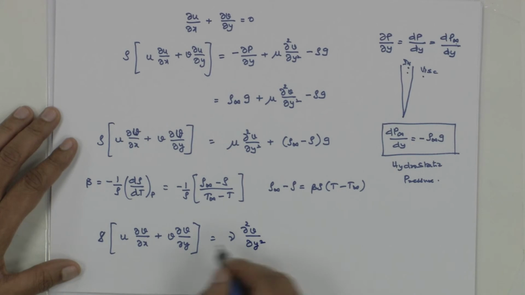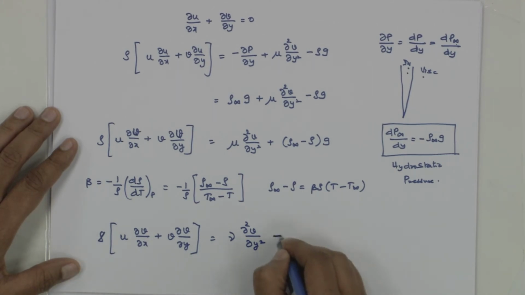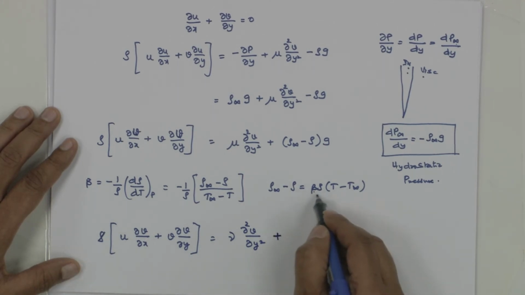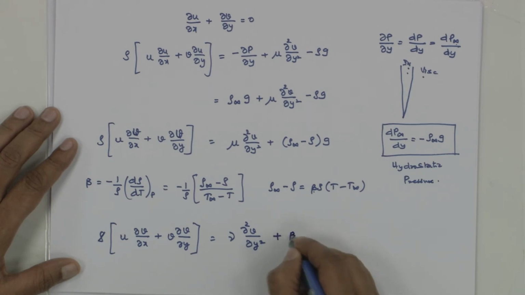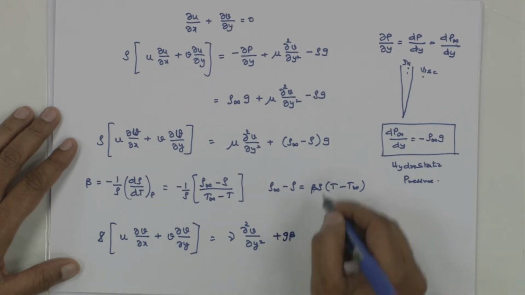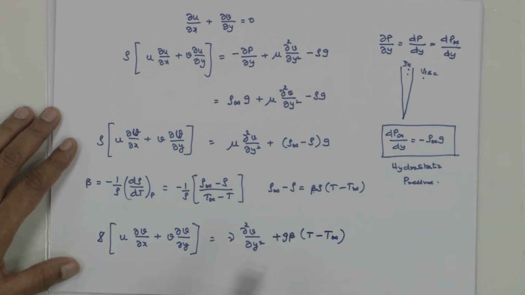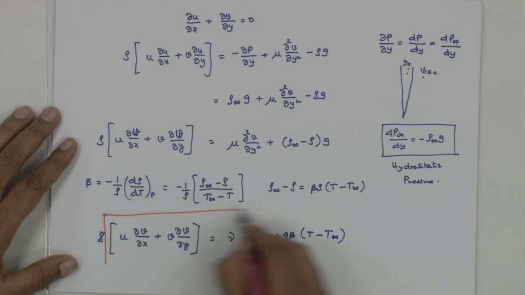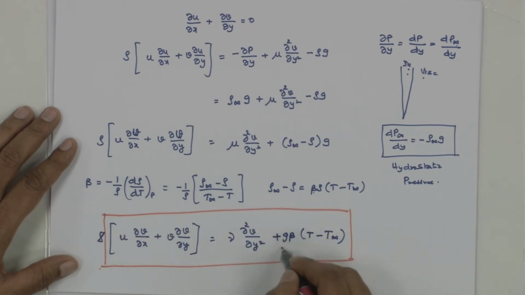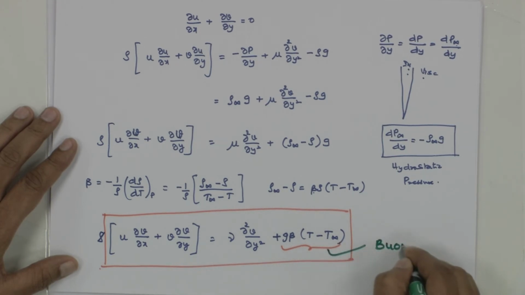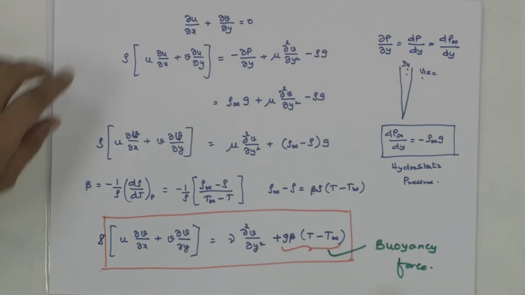Please notice that I am dividing throughout by rho, plus beta rho, rho gets cancelled out because I have defined it, so divided by rho, g beta into (T minus T infinity). This is now my x momentum equation. This is my buoyancy force.